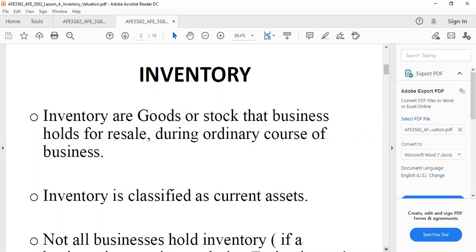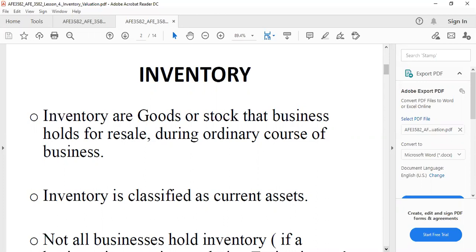Inventory is a current asset simply because it is something that belongs to you. Remember, all assets are items that belong to you, right? They are your properties. But in this case, it's a current asset because it can be converted into cash within a short period of time.